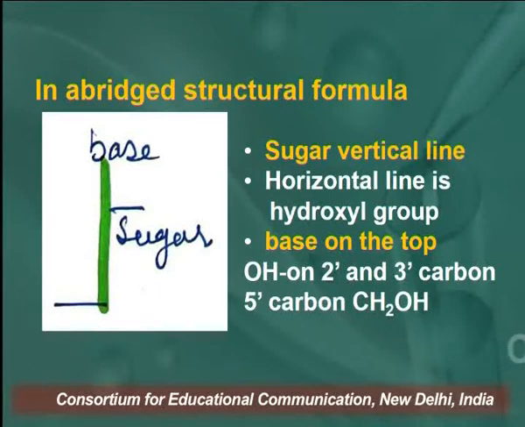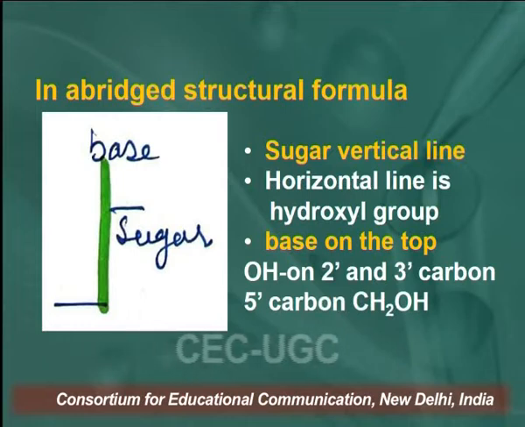In the abridged structural formula, the sugar is represented by a vertical line. On your screen you can see two kinds of lines: one vertical line and two horizontal lines. Always remember, the vertical line represents the sugar while the horizontal lines represent the hydroxyl groups, one at the second carbon atom and the other at the third carbon.